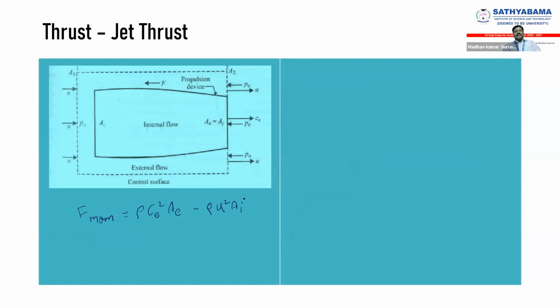So this is your momentum equation, and then my continuity equation, rho AV. So rho AV equals mass flow. So what is your exit case now? In my exit case it was rho C E AE, that is said to be the mass flow rate at the exit.